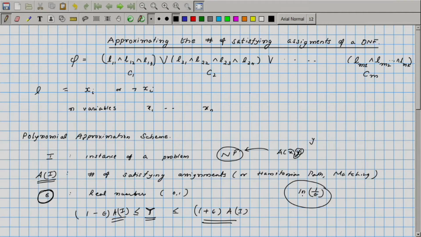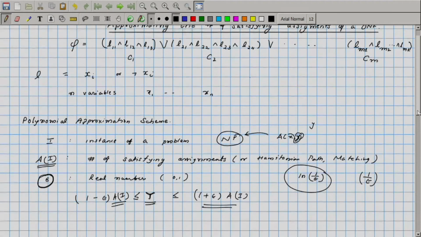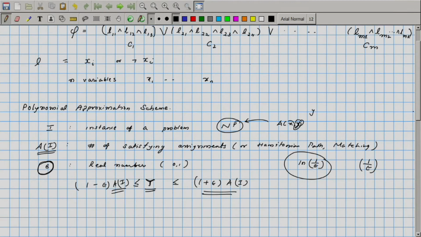But in this case we allow a little more leeway, and are happy if it runs in poly 1 over epsilon. So with approximation epsilon, it has to run in poly of n and 1 by epsilon, if you think of the input size as n.